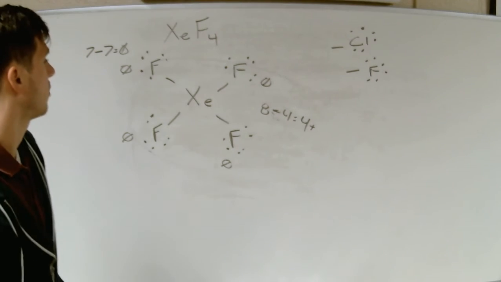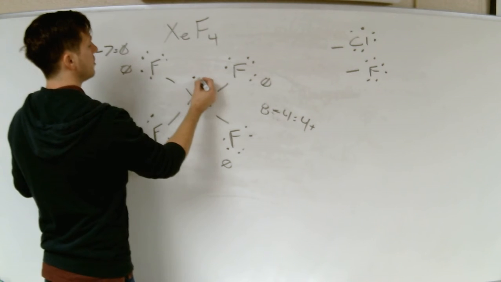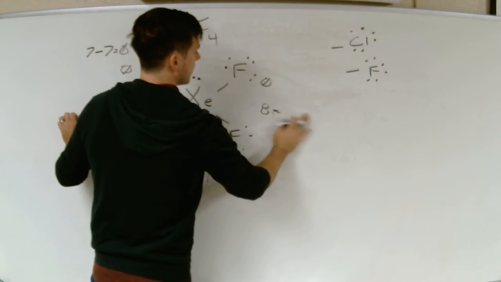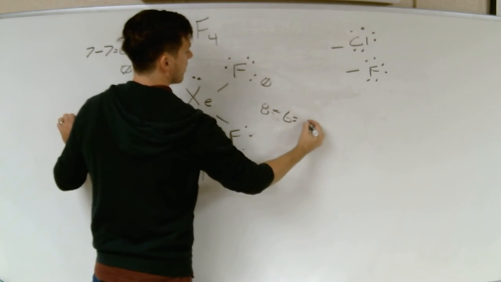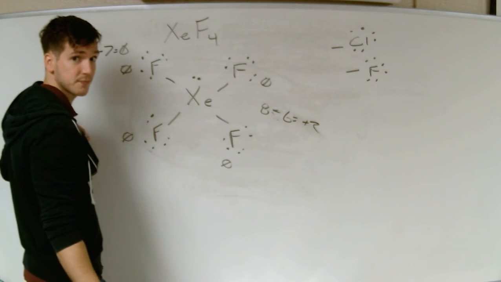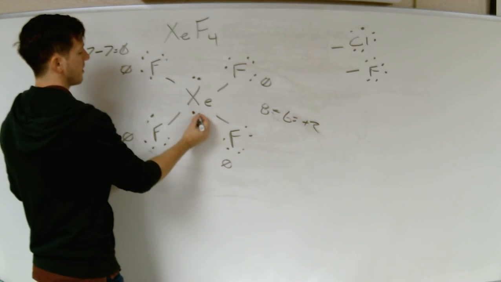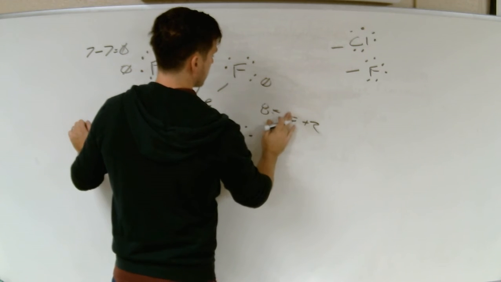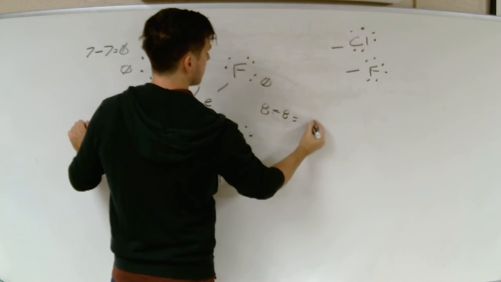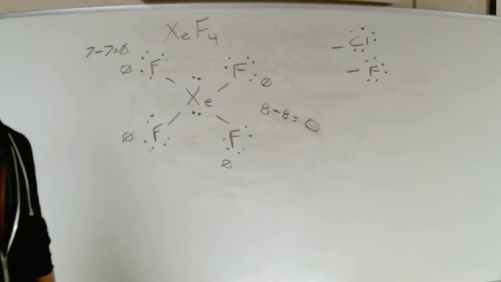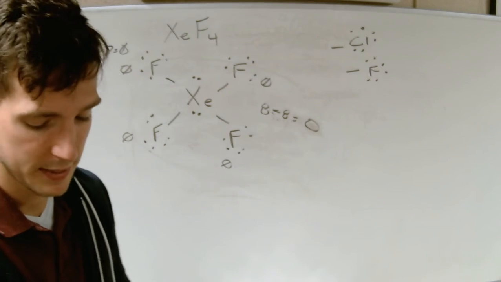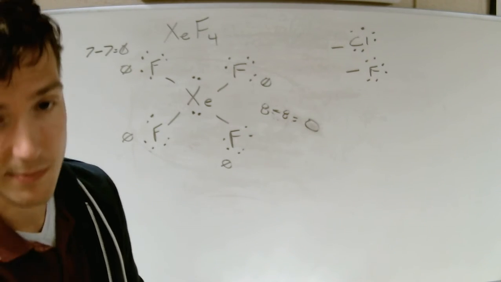If we give it 1 lone pair, it will now have a formal charge of +2. But if I go ahead and give it another one, it now has a formal charge of 0. And that's totally fair because xenon doesn't follow the octet rule.